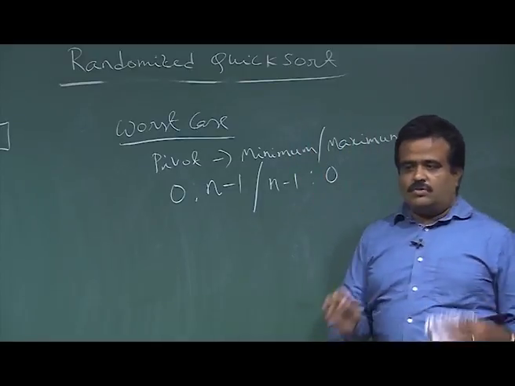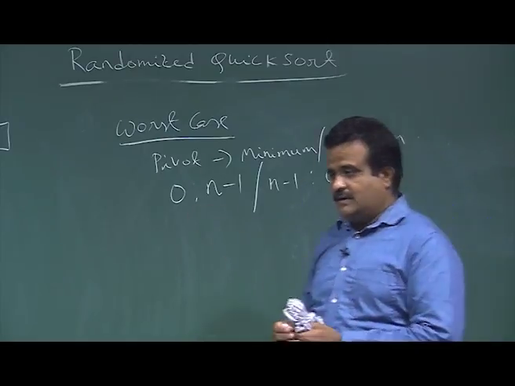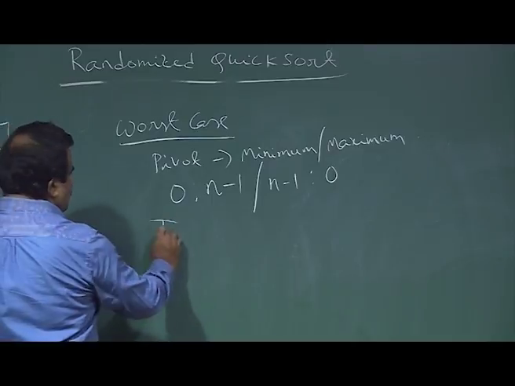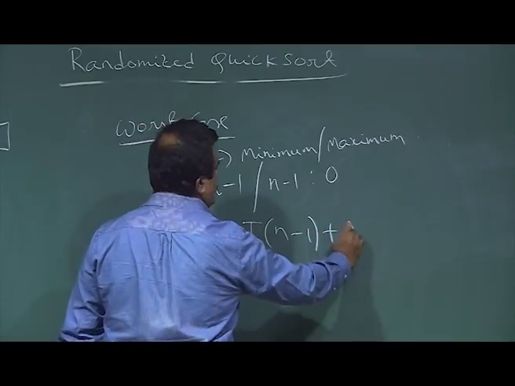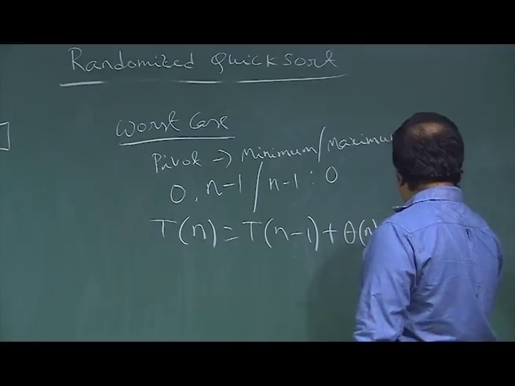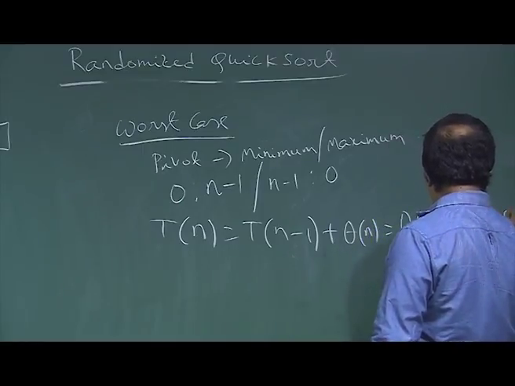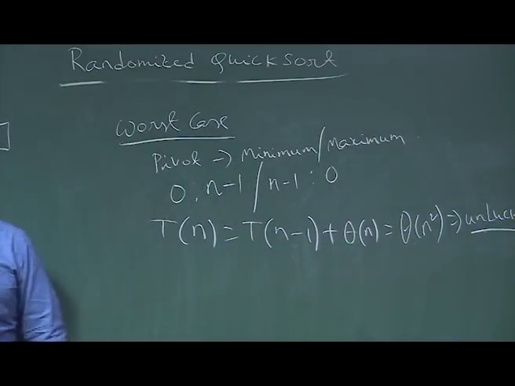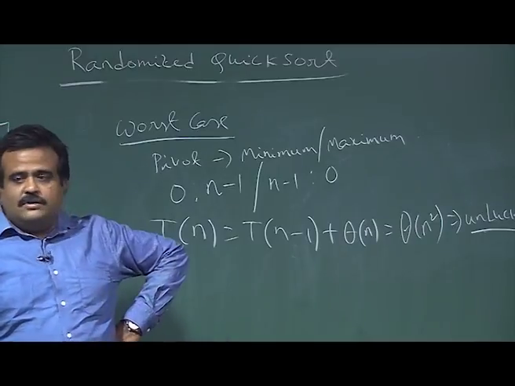So, that means one side has nobody and the other subarray contains all the other elements. In that case the recurrence will be T(n) equals T(n minus 1) plus theta n, and this will give us the solution order of n square. So, this is the worst case, and this we refer to as the unlucky case. We are unlucky if the time complexity comes to be order of n square.